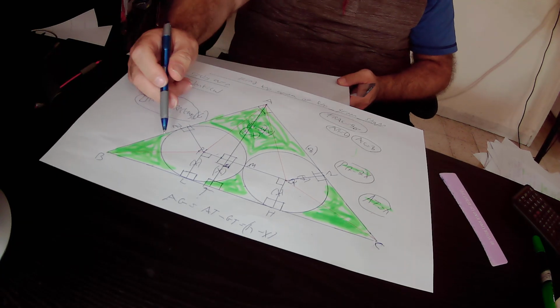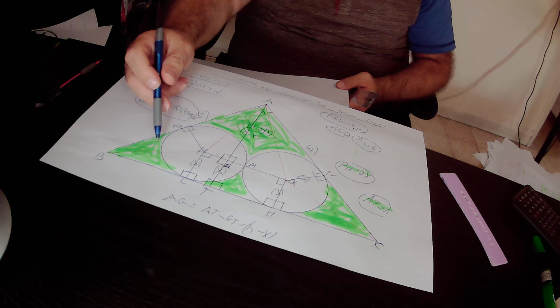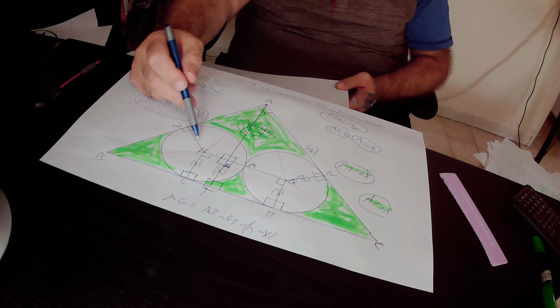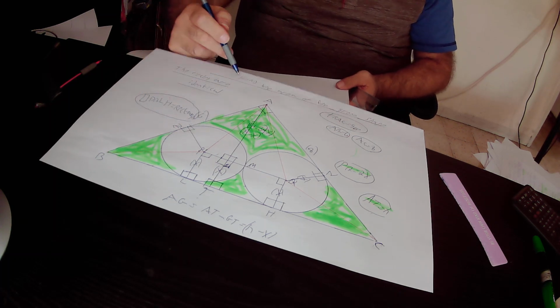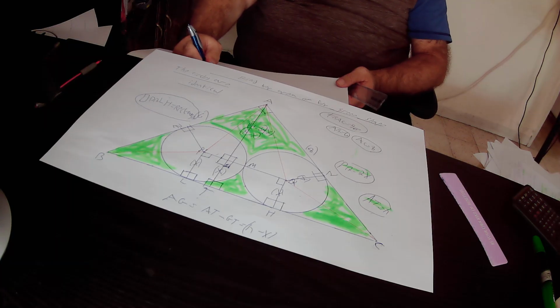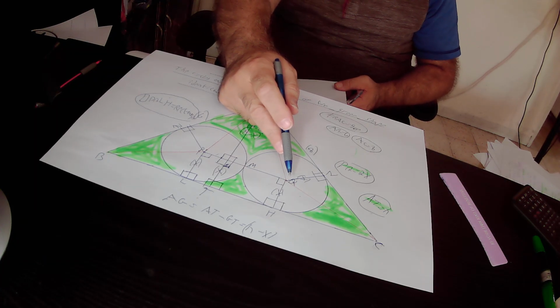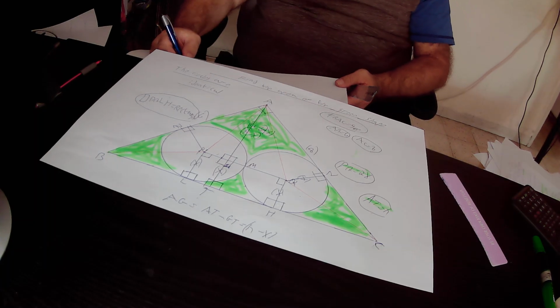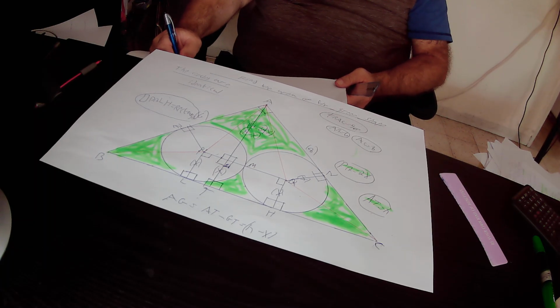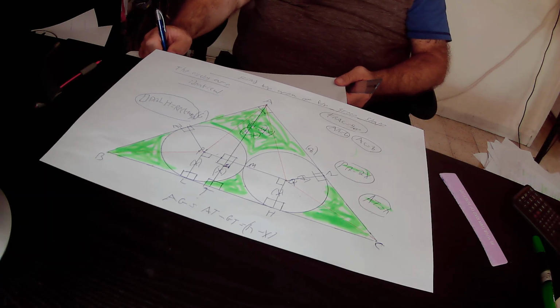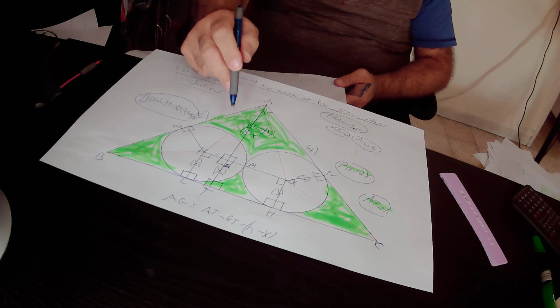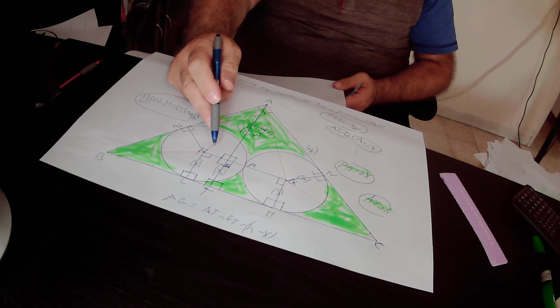Plus the area of this small right triangle PLB. Plus the area of this small right triangle QHC. Plus the area of this rectangle PQLH.